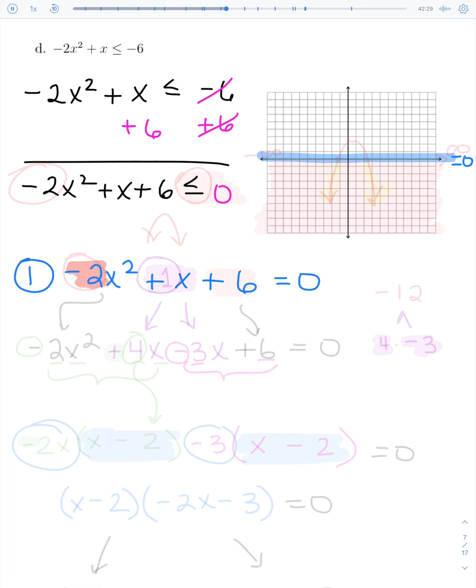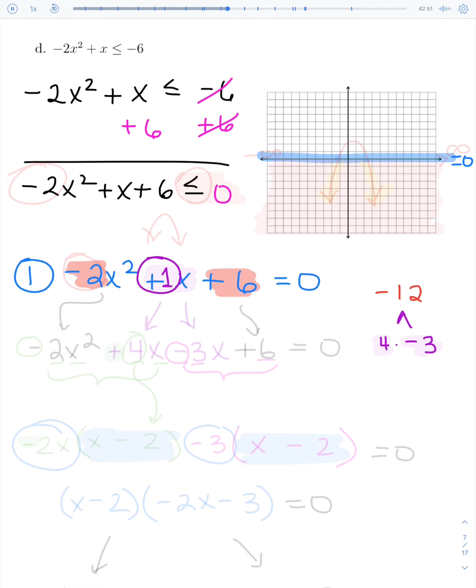To factor it by hand using the old methods, you take the negative 2 times the positive 6, which is negative 12. And you'd be looking for two factors of negative 12 that add up to the middle number, a positive 1. That would be a positive 4 and a negative 3.